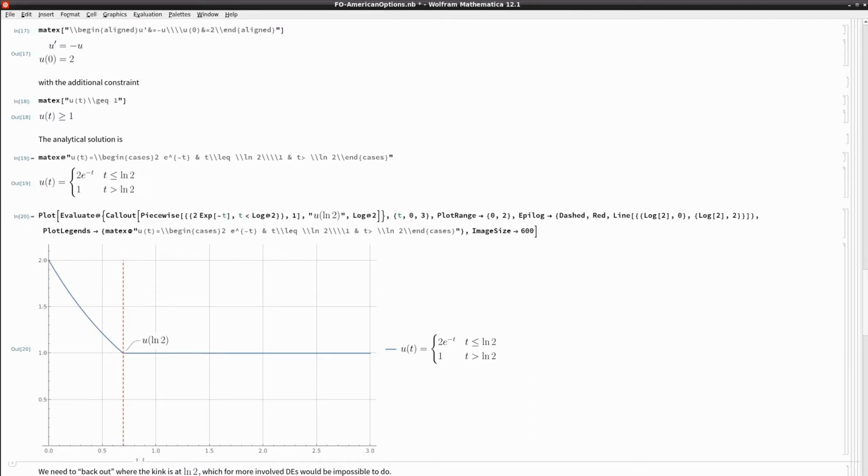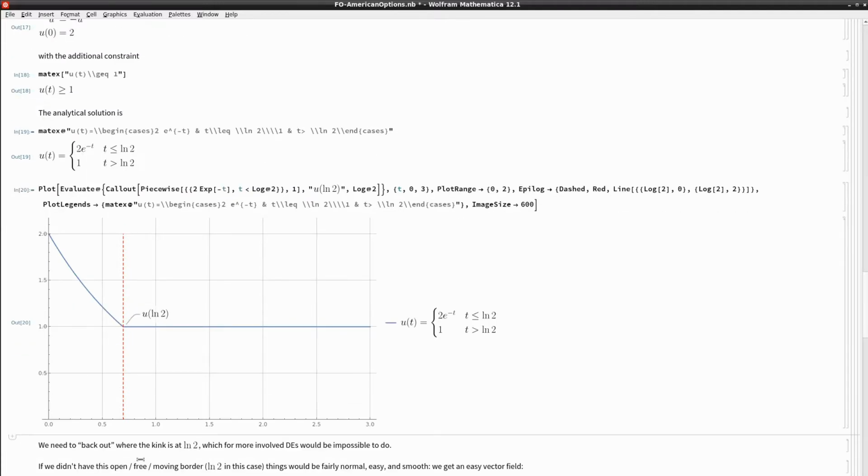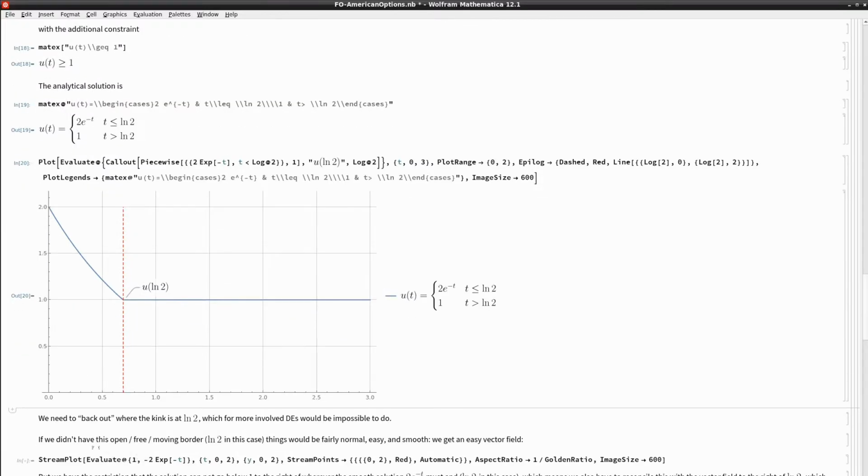Plotting it, we can see visually that we have 2 times e to the minus t on the left side, below the natural log of 2. That is this part here with that curvature, and to the right it's the constant number 1. That's the blue curve here, our piecewise function. I think it's fairly straightforward to understand for this simple example.